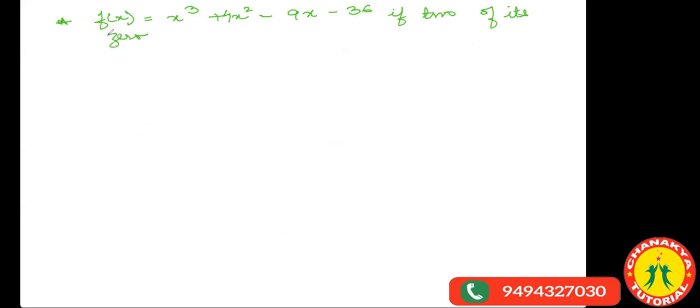Find the zeros of the polynomial f(x) equal to x cube plus 4x square minus 9x minus 36, if two of its zeros are equal in magnitude but opposite in sign.